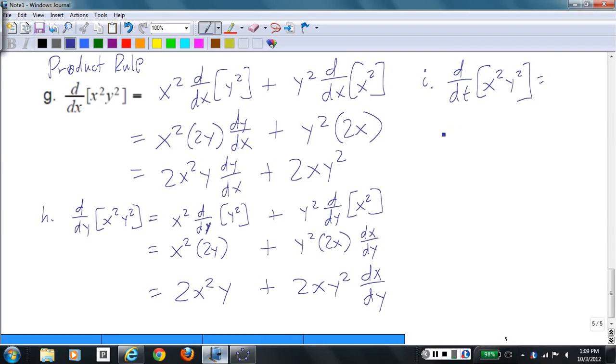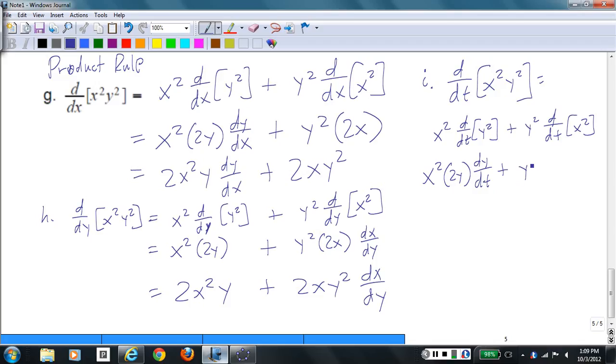So it's the first times the derivative of the second plus the second times the derivative of the first. So x squared, derivative of y squared with respect to t, is going to be 2y dy dt.